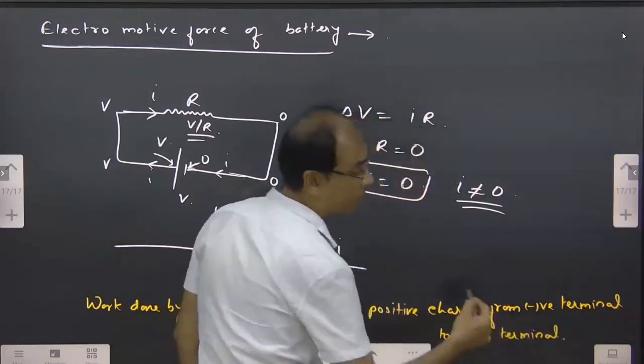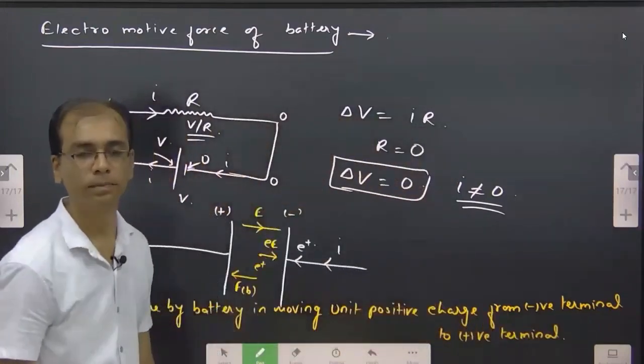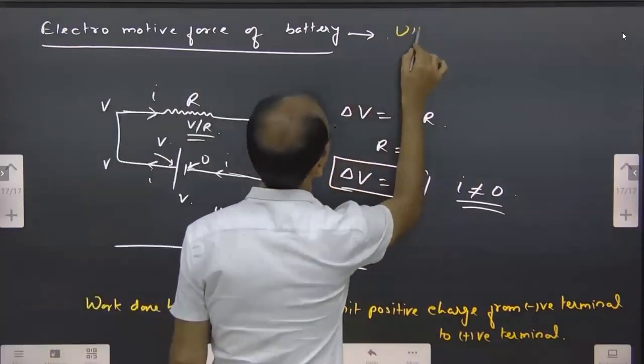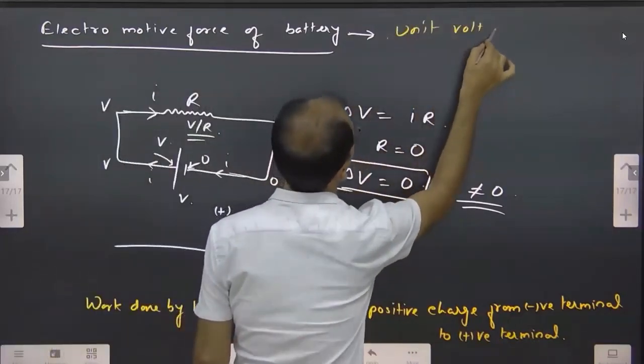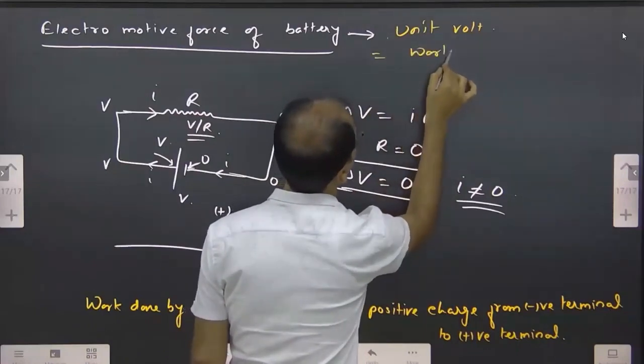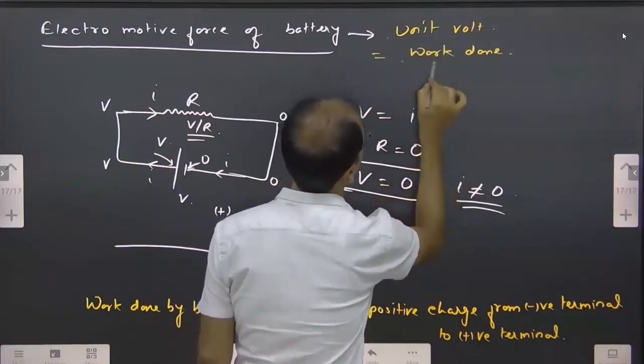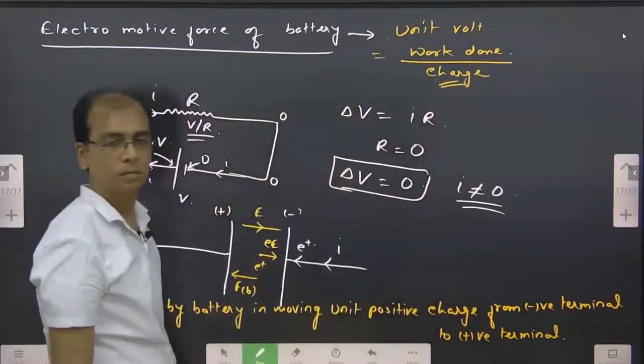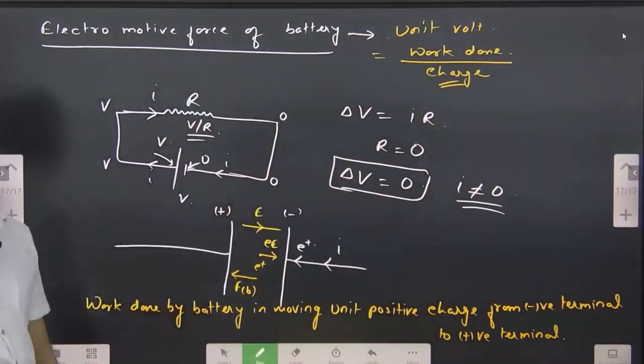Okay, since it's work done per unit charge, its unit is volt. So EMF's unit is volt, as it is work done per unit charge. Okay, note that.